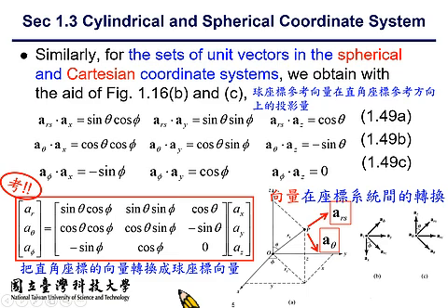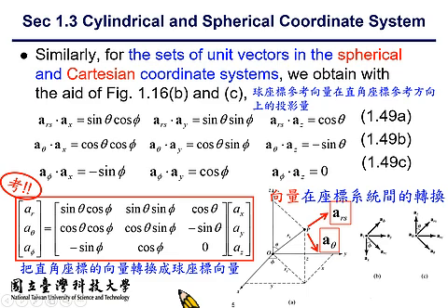So the second thing that I need to remind you is to memorize the definition of reference directions, in particular for reference directions in cylindrical and spherical coordinates. Okay, so what is the definition of reference direction?